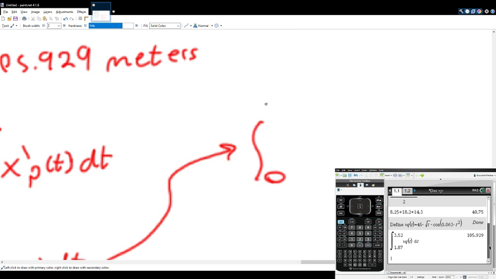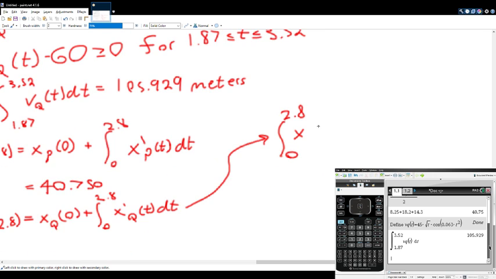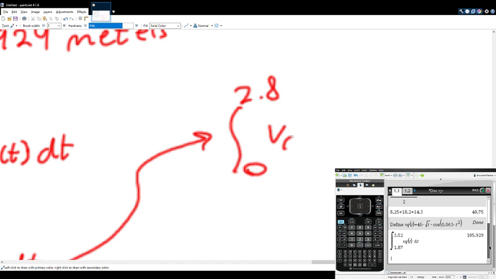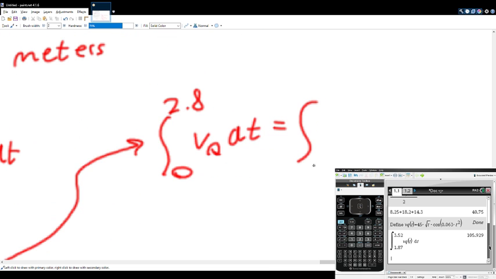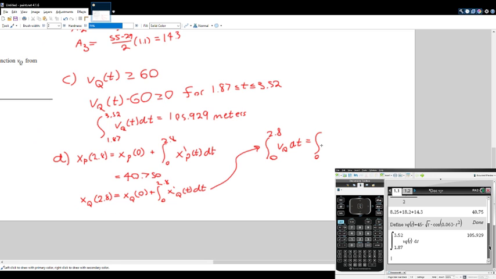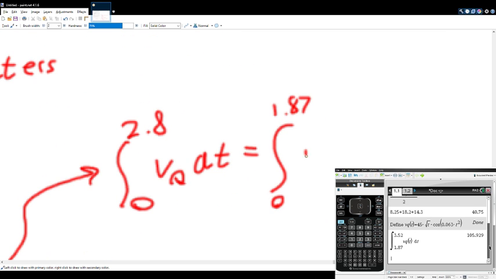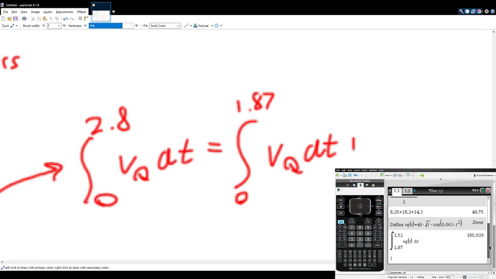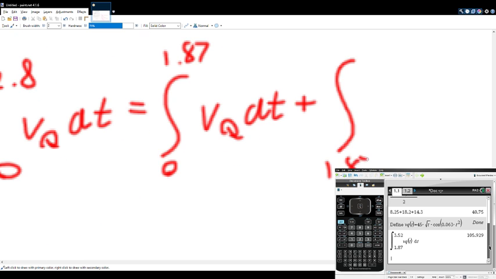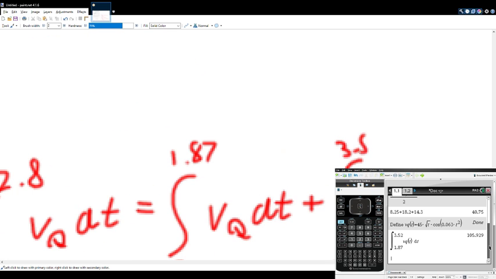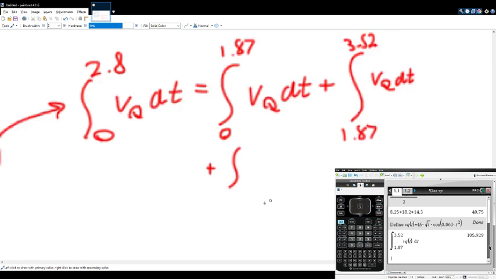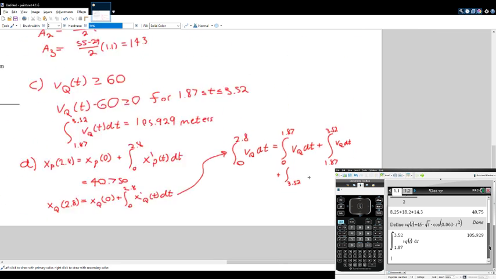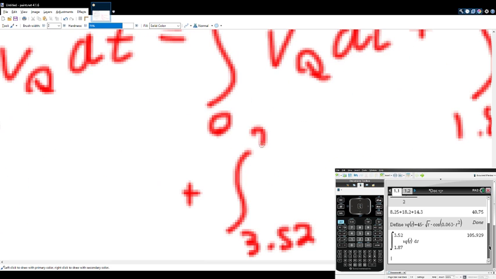So the integral from 0 to 2.8 of, we'll start calling it vq dt, is equal to the integral from 0 to 1.87 of vq dt plus the integral from 1.87 to 3.52 of vq dt plus the integral from 3.52 to 2.8 of vq dt.